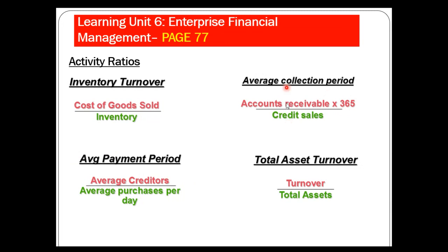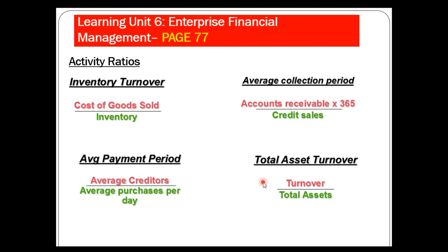This means that these two ratios are interrelated. I collect from my debtors and I can use that money to pay my creditors. If your creditors days are less than your debtors days, that doesn't make sense, because it means you have to pay your creditors before you collect from your debtors. The other ratio is called the total asset turnover. Like we said, we need the efficient use of assets in order to generate income.